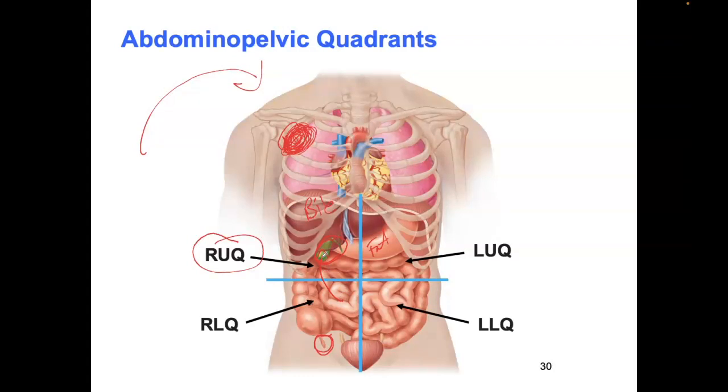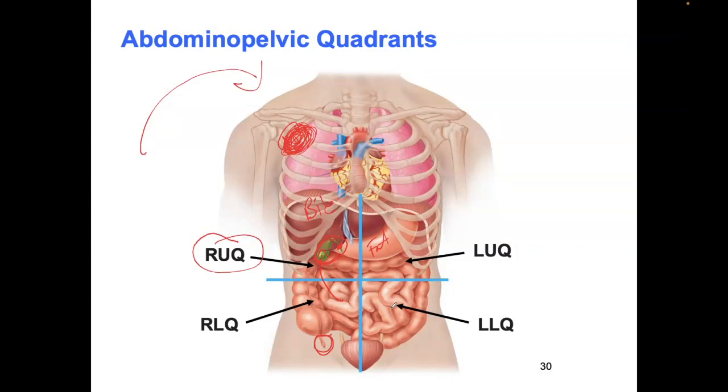So after a fatty meal, if the gallbladder contracts and it pushes it into this ductwork, but you have a stone right there blocking it, that's going to be a little bit uncomfortable. Okay? So that's why understanding the quadrants and knowing your anatomy of what lies within the quadrants is very important.